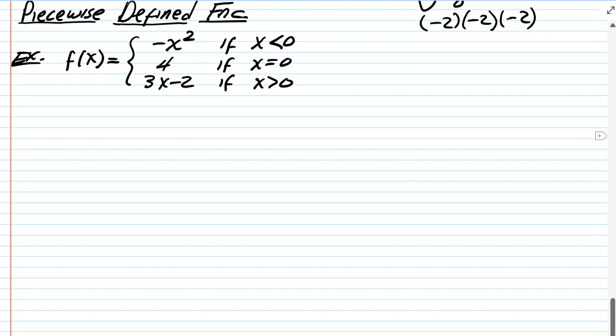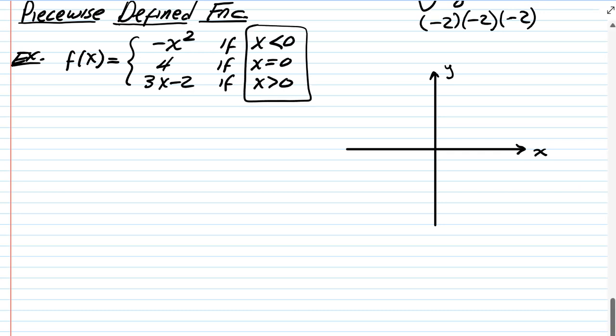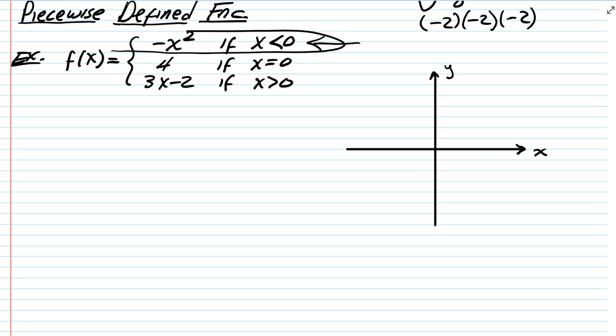Okay, so let me bring my coordinate system first. Here I have my Cartesian coordinate system. Let's actually graph these. The first piece we're going to graph, again on the number line, going from left to right, is for negative x's. So we're supposed to only look at that. Now we know what the graph of x squared looked like, correct? That was in the library of functions.